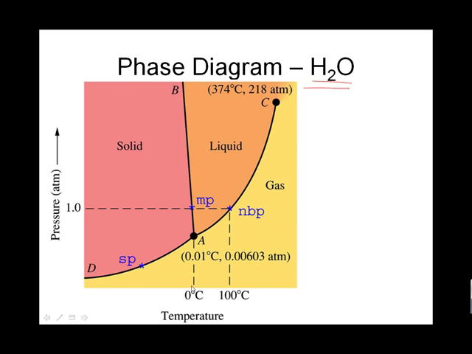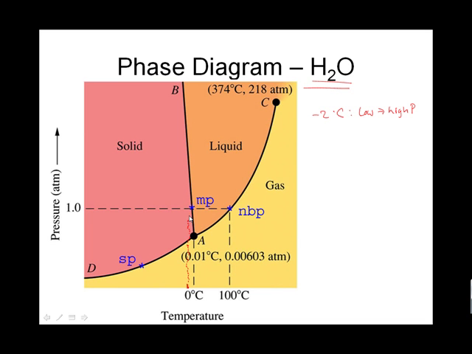So let's say that I am at about -2 degrees Celsius, and I'm going from low to high pressure. So over here I have my -2 degrees Celsius at low pressure, and I am going to go up. And you can see that the water would turn from a gas into a solid.